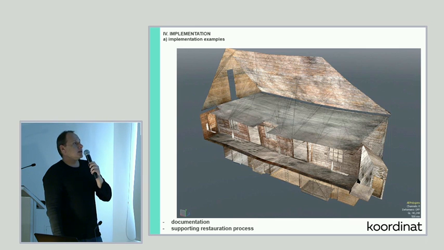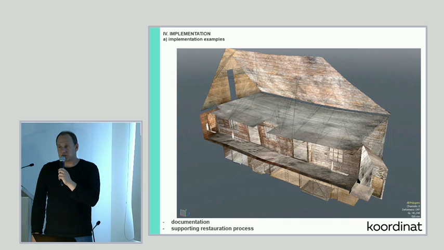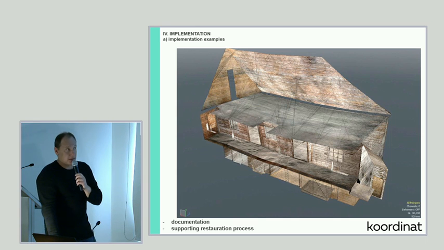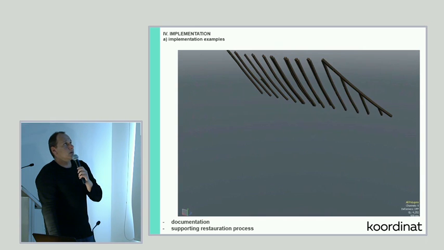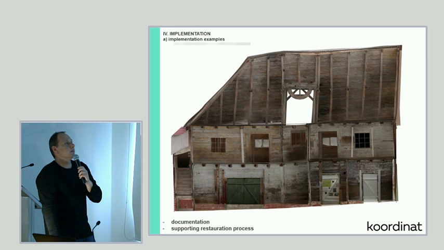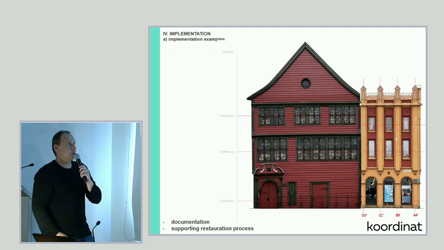And everyone that is using photogrammetry knows how difficult it is to properly document the wooden framing. I mean, all the roof framing and joists and everything in that kind of building. So we can just combine all the technologies together and also create a nice documentation for further use.